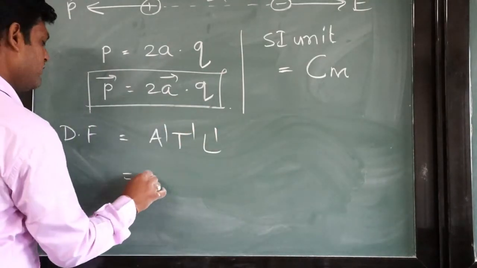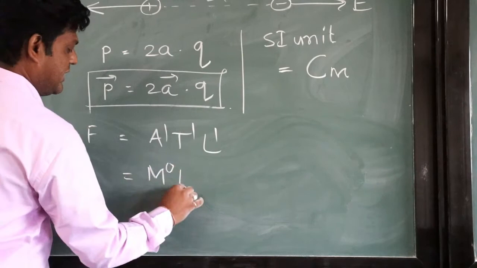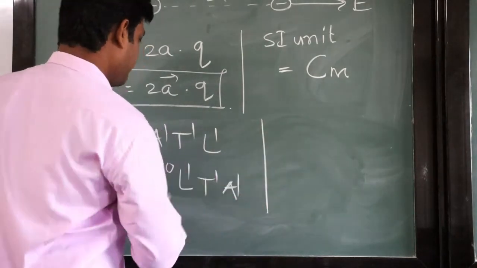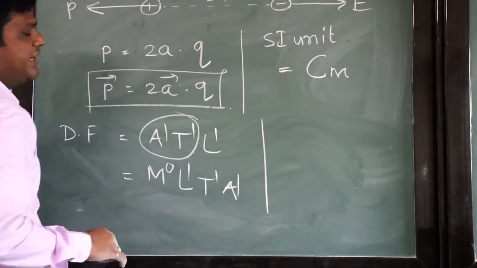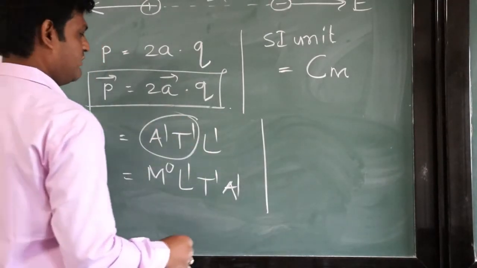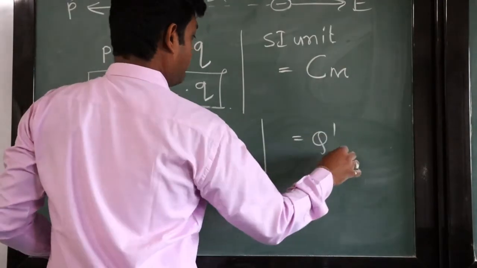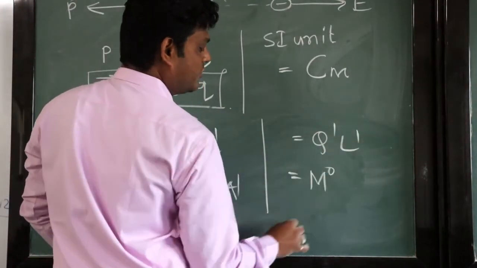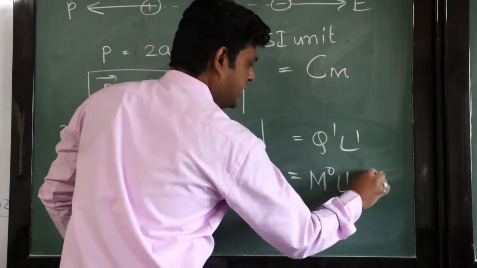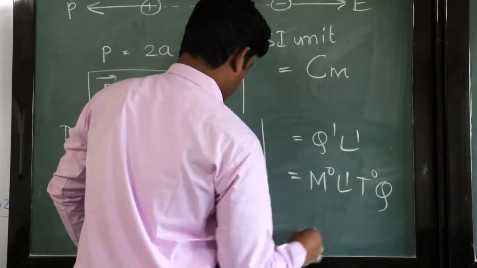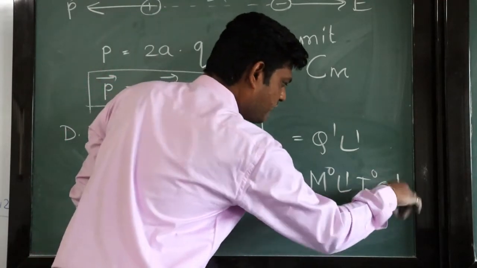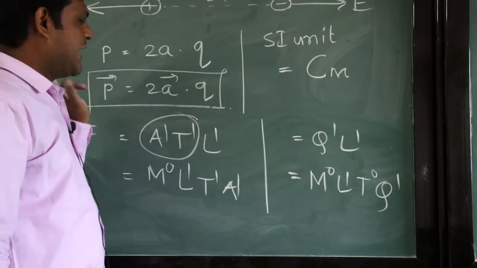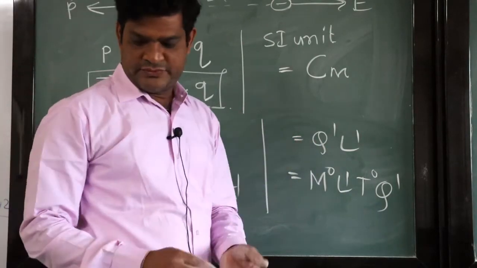So the dimensional formula is M raised to 0, L raised to 1, T raised to 1, A raised to 1. Or instead of A1 T1 we can write Q, so the dimensional formula becomes Q1 L1. Finally, the dimensional formula is M raised to 0, L raised to 1, T raised to 0 and Q raised to 1. This is the dimensional formula for the dipole in terms of Q.